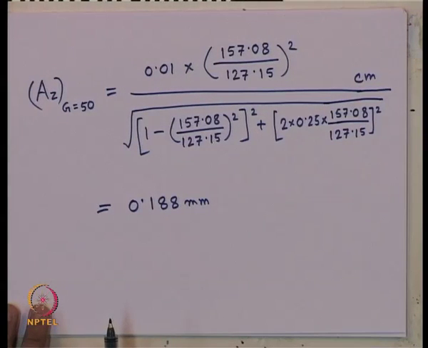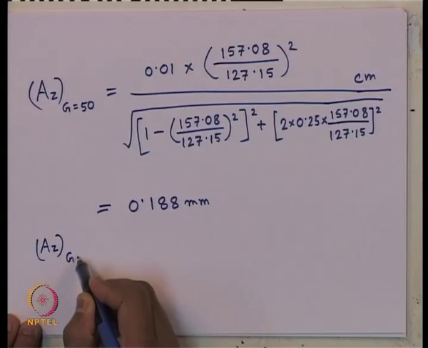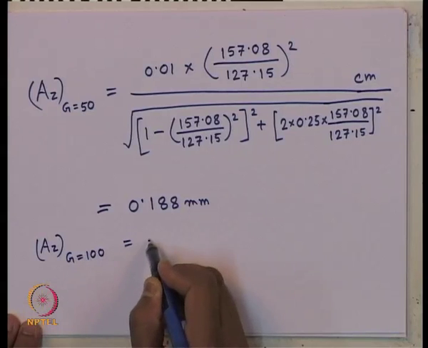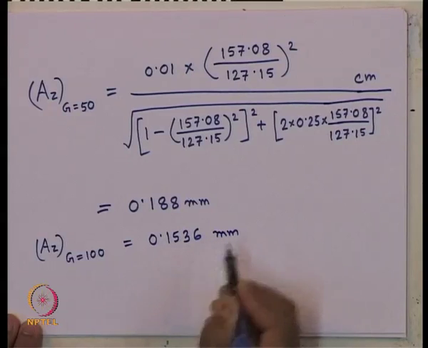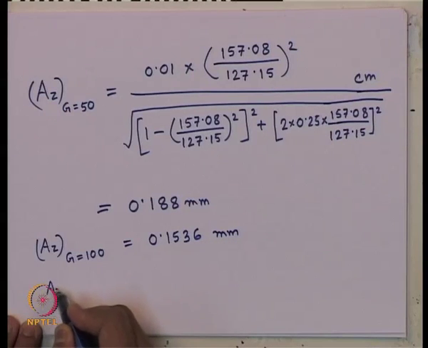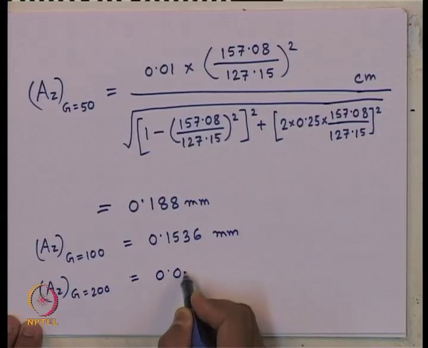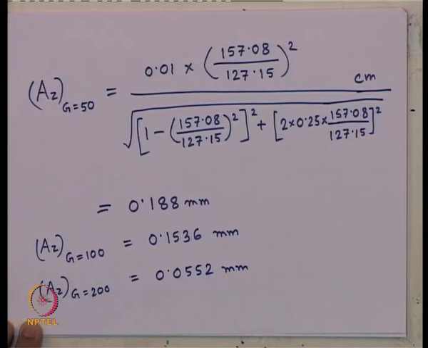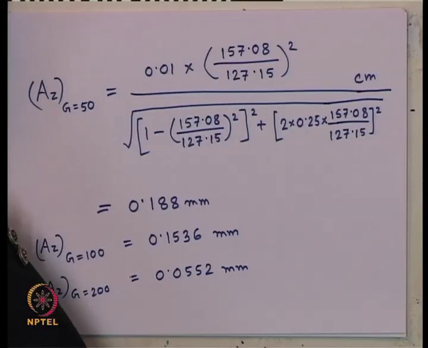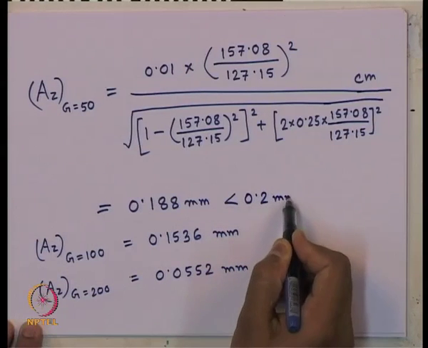Am I right? And Az for other 2 types of soil, g equals to 100 is 0.1536 millimeter, and Az at g equals to 200 is coming at 0.0552 millimeter, and this has to be checked again with respect to the permissible value of 0.2 mm.